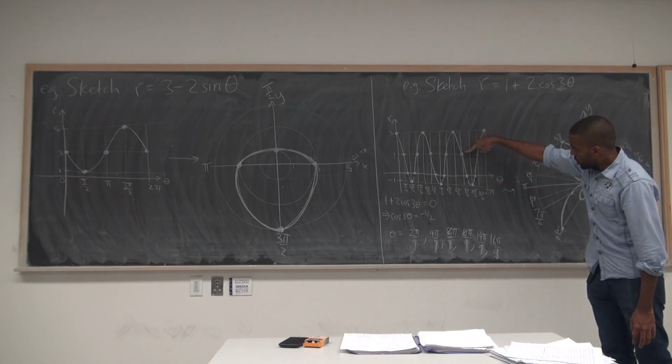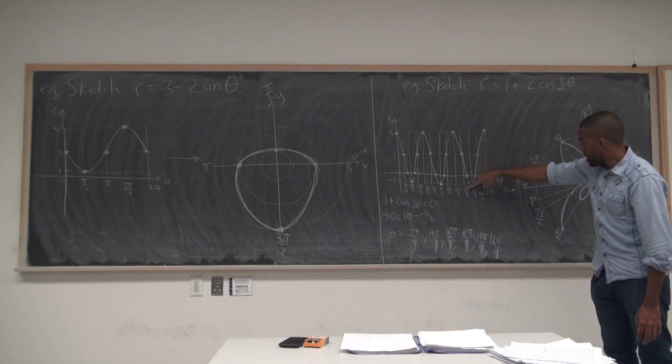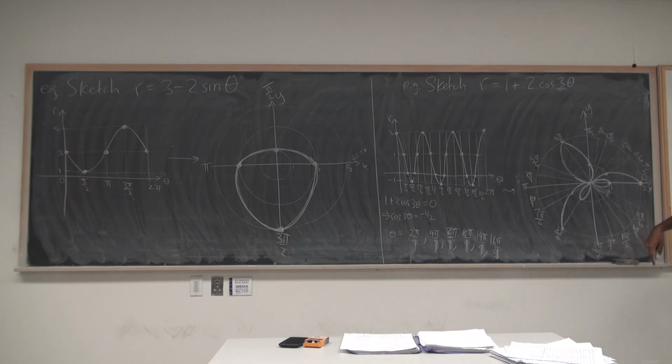Then I'm going to jump to the circle radius 1 at 9 pi over 6. 9 pi over 6 is over here.